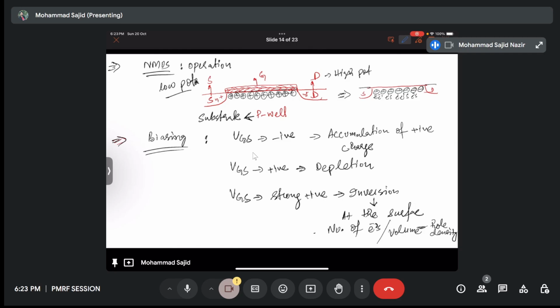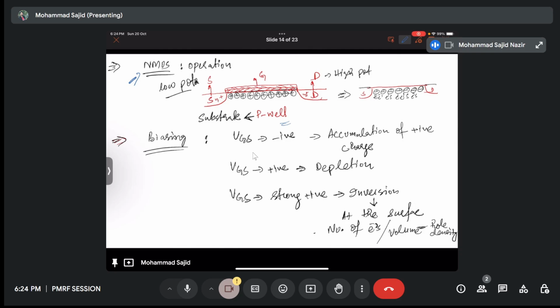Okay. So let's have a repeat on NMOS operation. The substrate is P well, and these drain and source are highly doped to create the ohmic contacts. When VGS is very negative, the accumulation of positive charge occurs, and this is called the accumulation state.